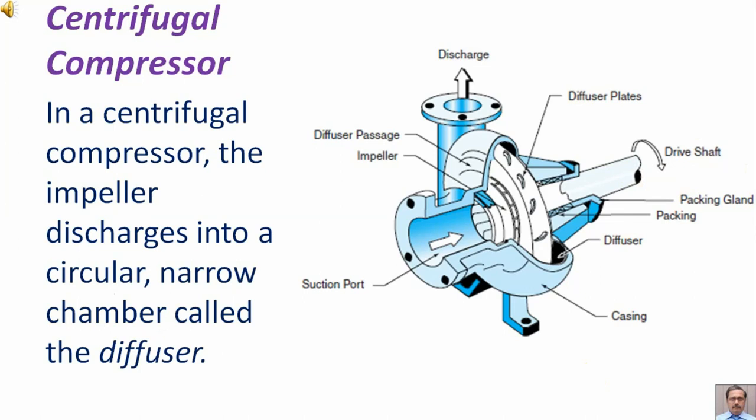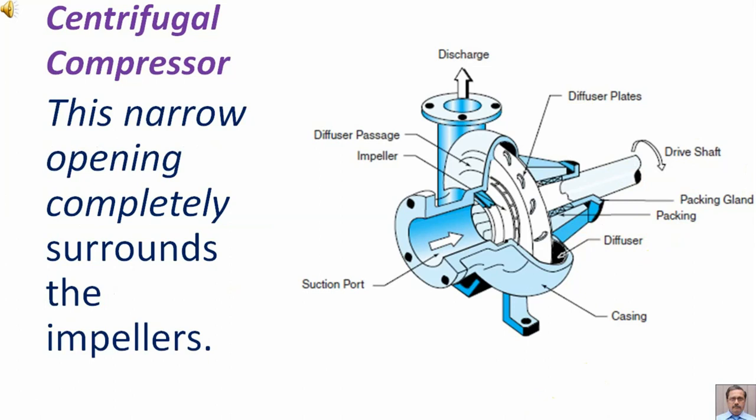In a centrifugal compressor, the impeller discharges into a circular narrow chamber called the diffuser. This narrow opening completely surrounds the impellers.